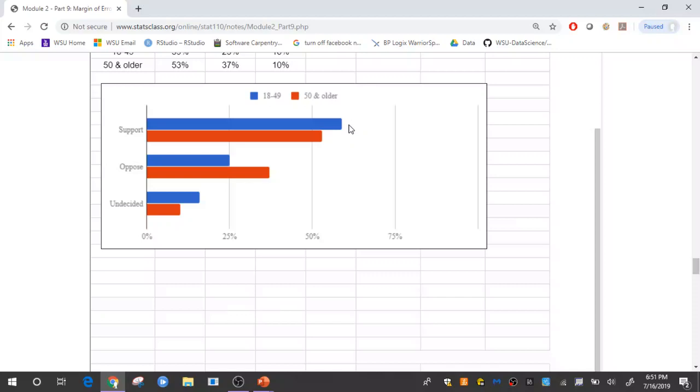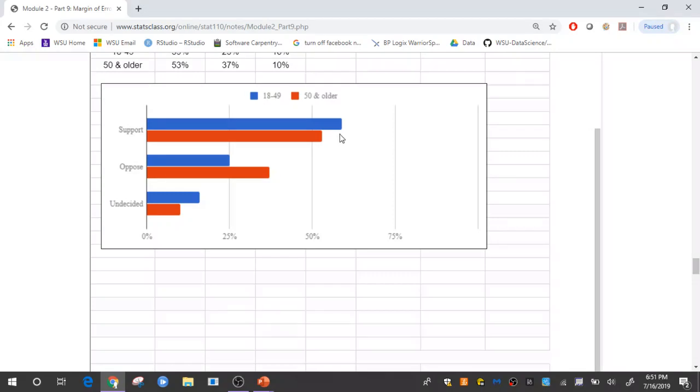Or can I say that a majority of the 18 to 49-year-olds support stricter gun laws? Again, not just for the people that I've surveyed, but in general. For the people that I've surveyed, I know it's 59%. But can I say that in general? If the margin of error associated with that blue bar does not drop below 50%, then that statement would be true.